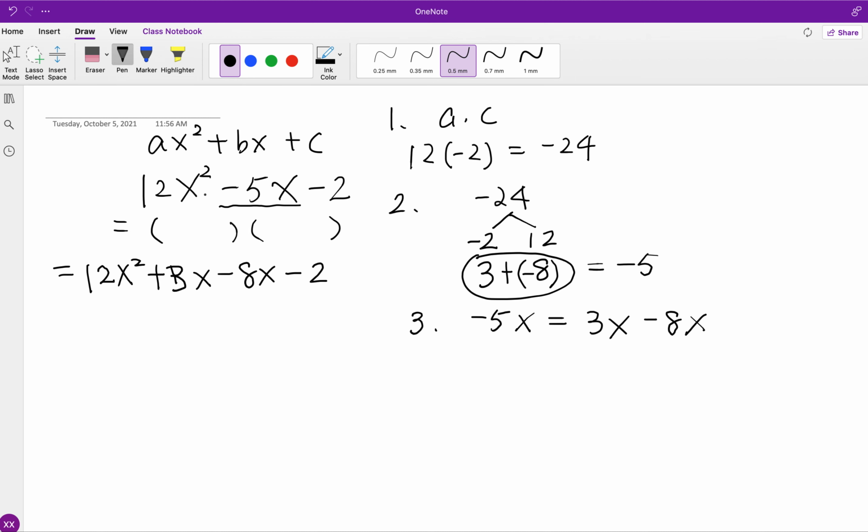So you see, now my trinomial has become a 4-term polynomial. From the 4-term polynomial, we look at this binomial and another binomial. I'm going to factor each binomial respectively, and they definitely have common factors. So the fourth step is that I am factoring these two.